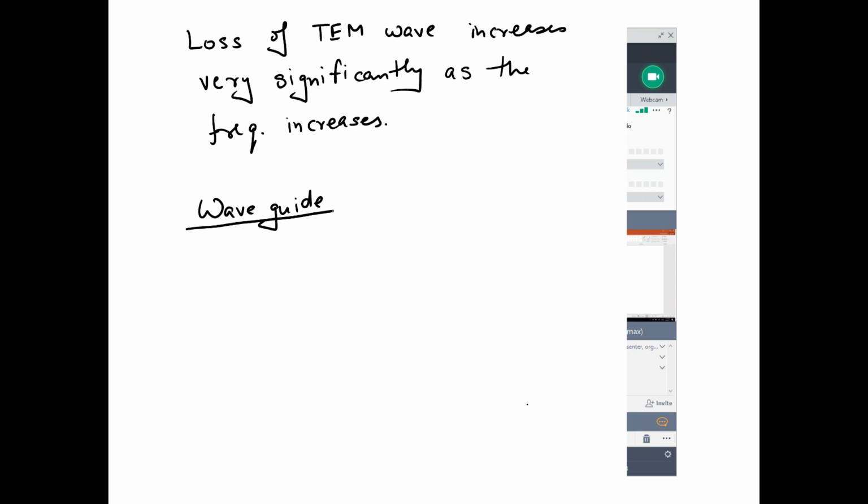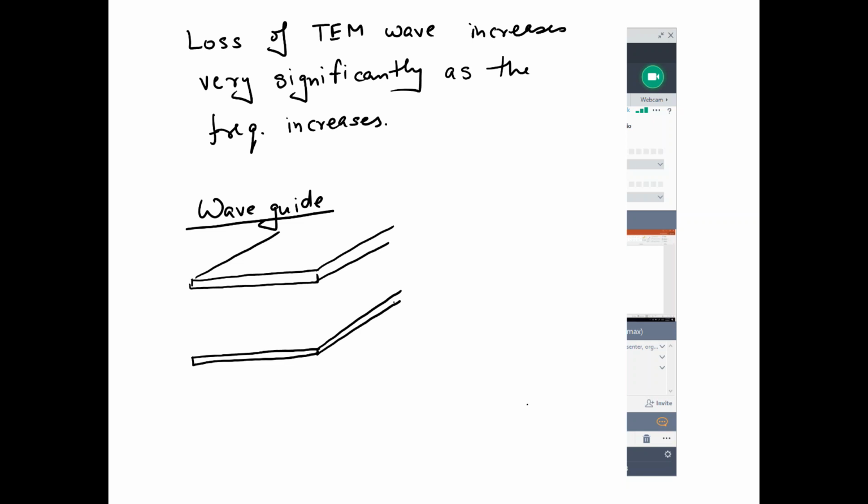The waveguides we are going to consider in these lectures, we'll start with a very simple case, and that's called a parallel plate waveguide. Basically, two large conductors separated by a distance, almost like a parallel plate capacitor. This is called the parallel plate.